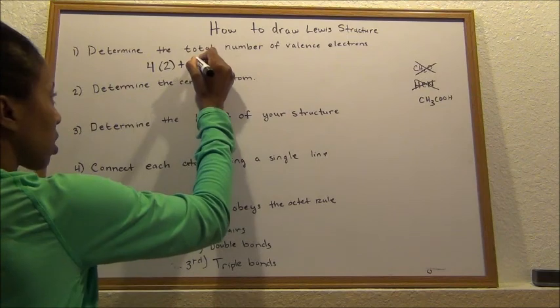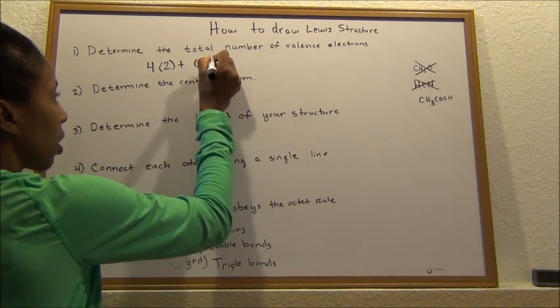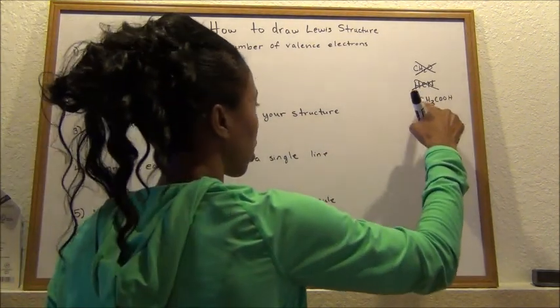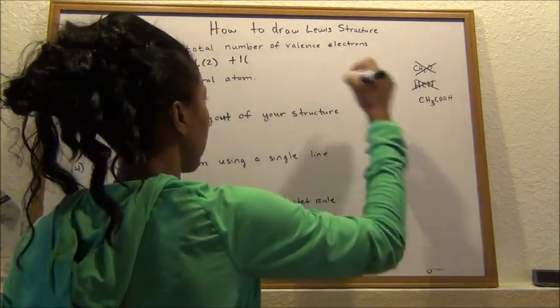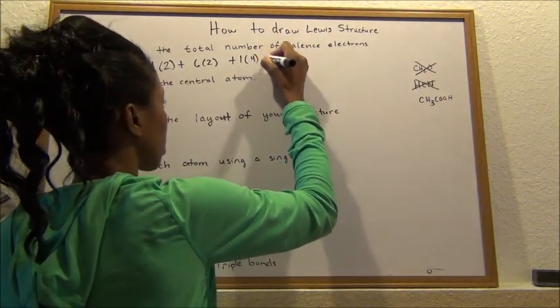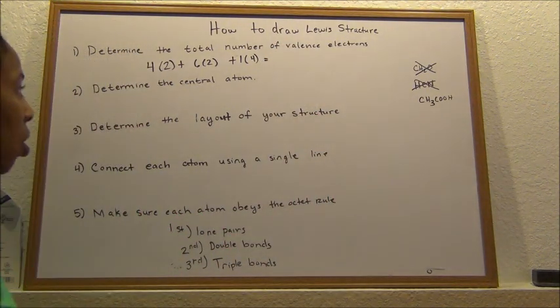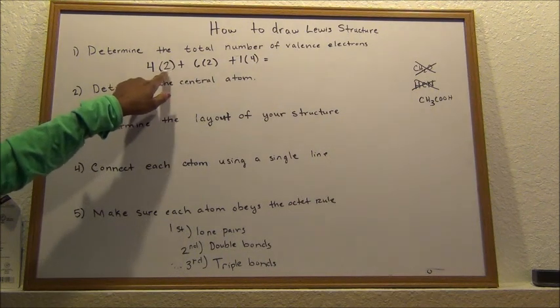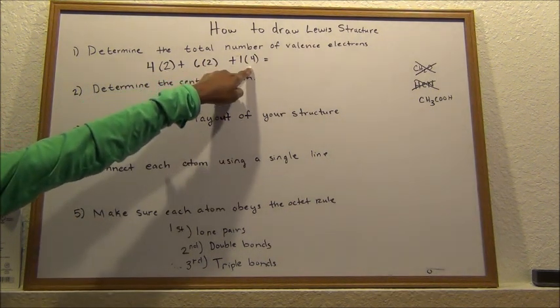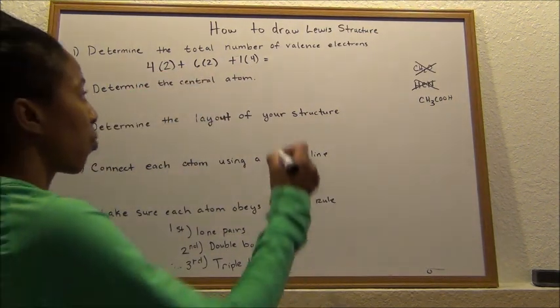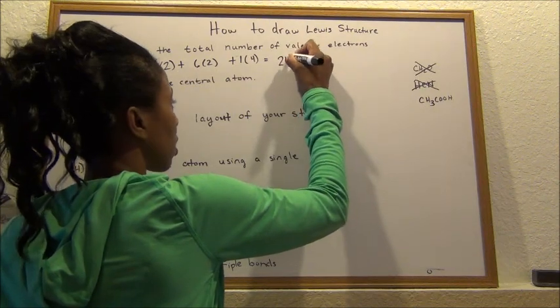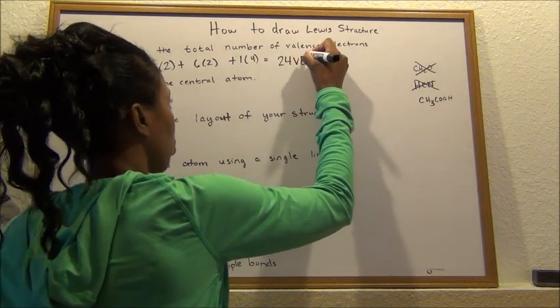Oxygen has 6 valence electrons, and we have 2 of those. And hydrogen has 1 valence electron, but we have 4 of those. So if we add everything up, we would have 4 times 2, which is 8. 8 plus 4 is 12. And 12 plus 12 is 24 total valence electrons that our molecule has.